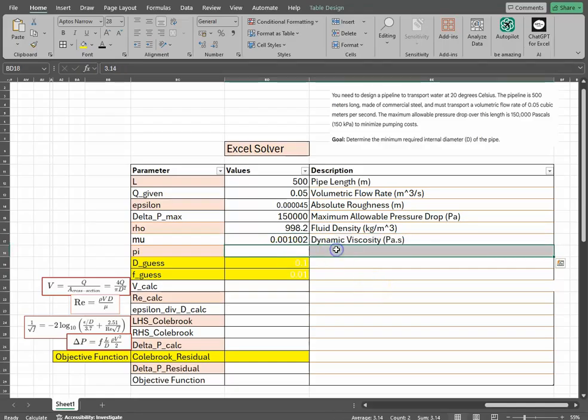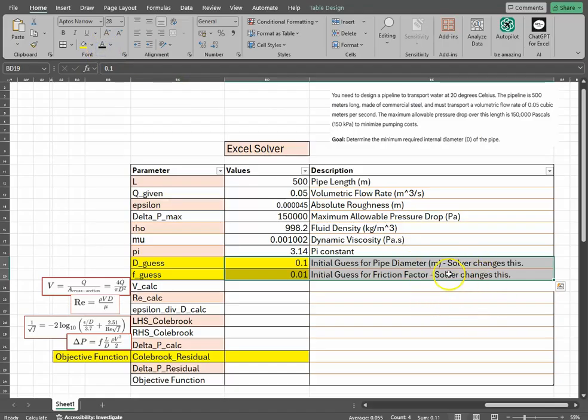And for calculating area we need pi, which we already know is 3.14, a constant. Here I am taking a guess value, which will change when Solver solves the problem. This is the initial guess value for pipe diameter, 0.1, which Solver changes, and an initial guess value for the friction factor, which Solver also changes.